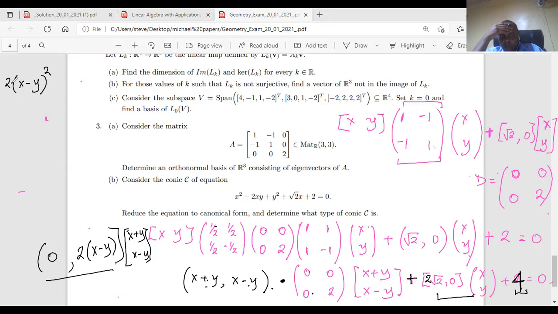So we basically just simplified x squared minus 2xy plus y squared. Yes. And it's taking us back to the original thing. Okay. Let's see what they've done in the solution.